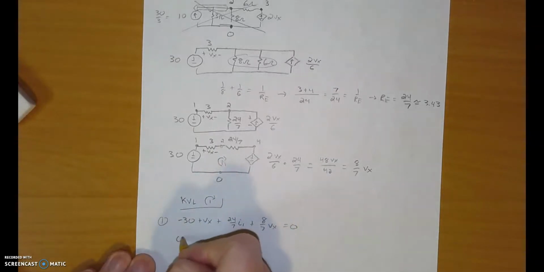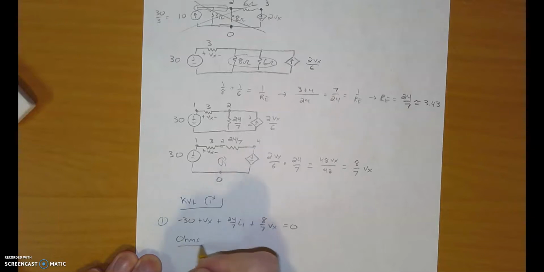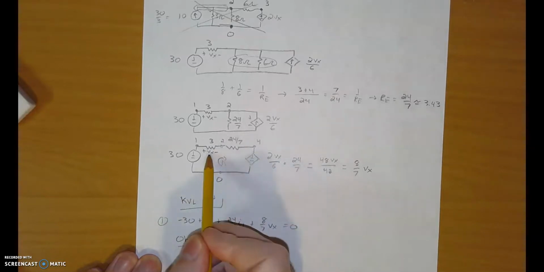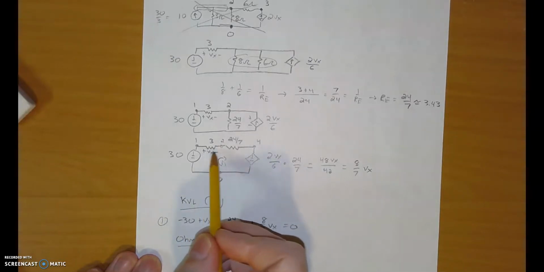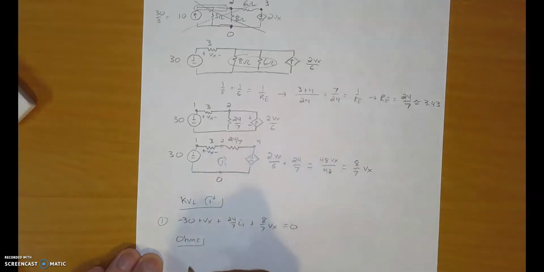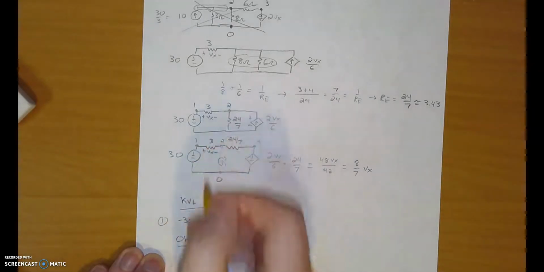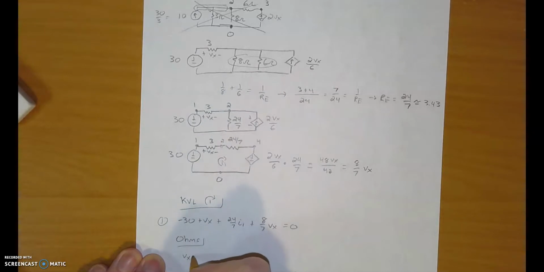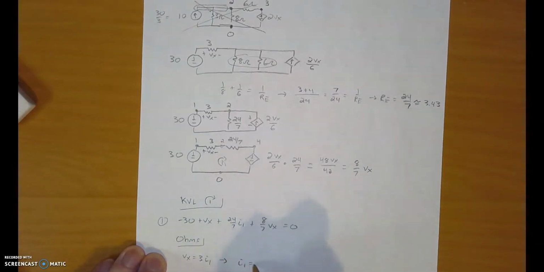You'd need another equation. Again, anytime you see a dependent source with a dependent variable, that dependent variable you can relate back through Ohm's law. So it's the 3 ohm resistor. So Vx will just be equal to 3 I1. And we would just say that I1 is equal to Vx over 3.